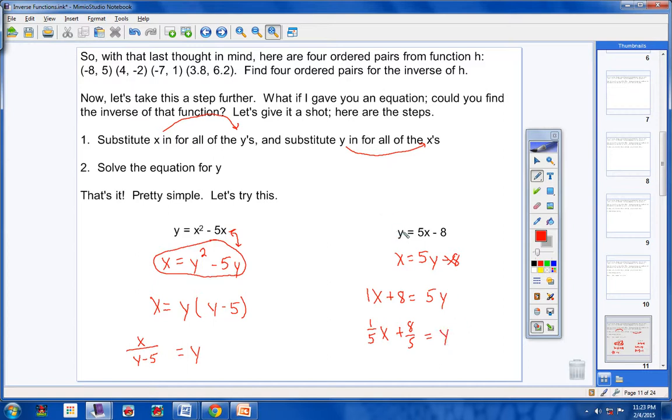If we're going to call this equation y, we're going to call this equation here y inverse. So basically what you're saying is this equation here is the inverse of this equation here. Alright, so I hope this makes sense. Again, not at all a difficult thing to do, but make sure you understand how to do this. Replace the x's with y's, replace the y's with x's, and then solve for y.